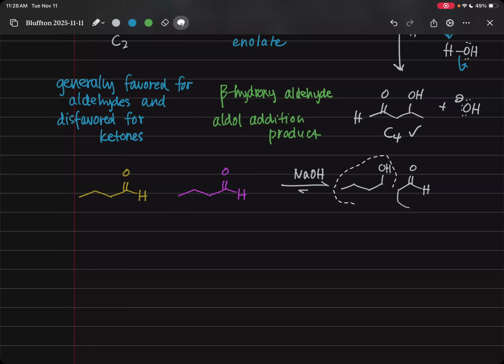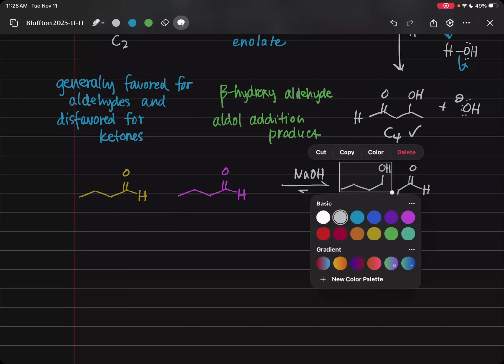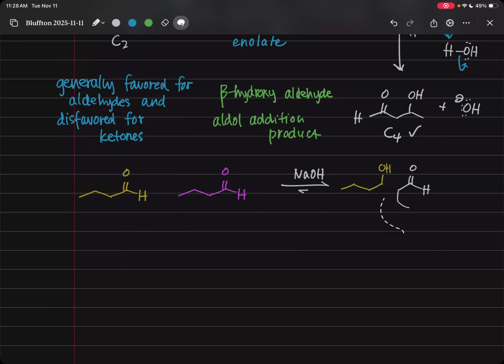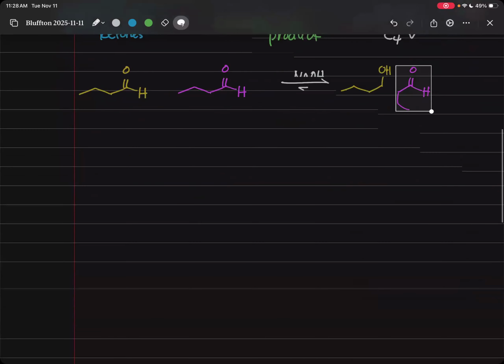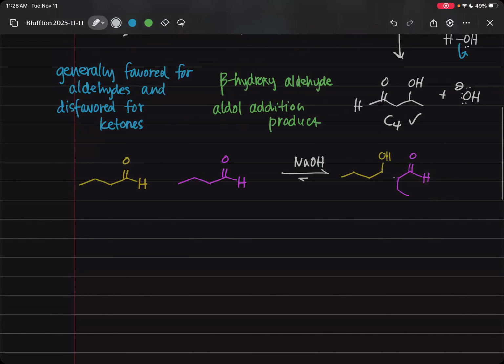Okay, so puke yellow and magenta. All right, so there are the two molecules.